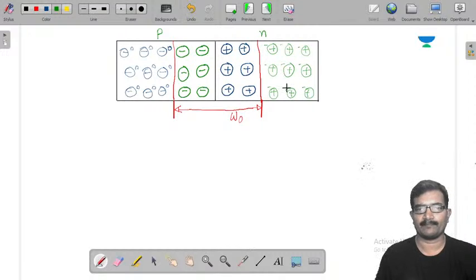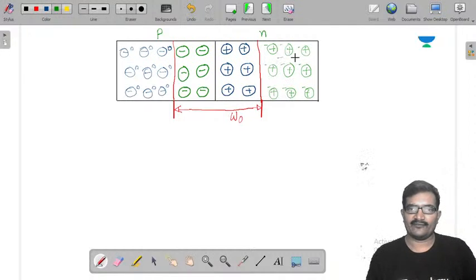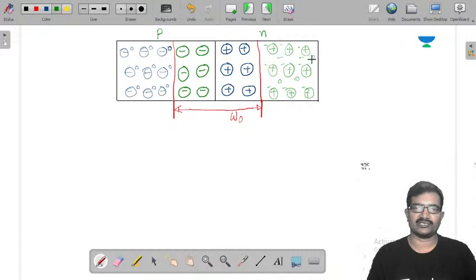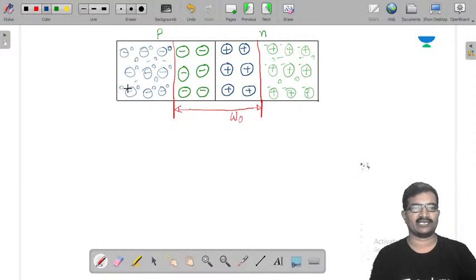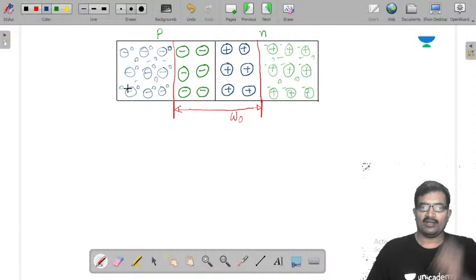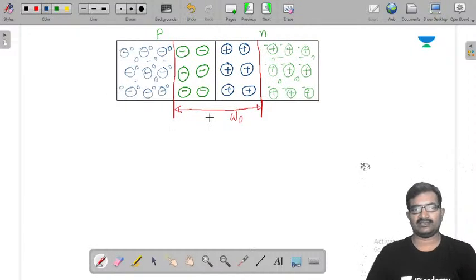And a few electrons and holes are there as minority charge carriers. Here also, holes are majority and electrons are minority charge carriers, like this. The semiconductor is like this. This is the depletion region.